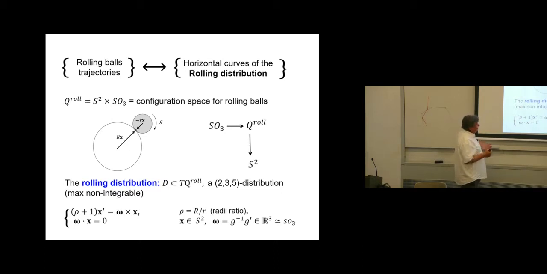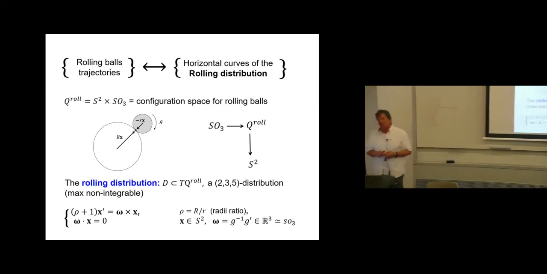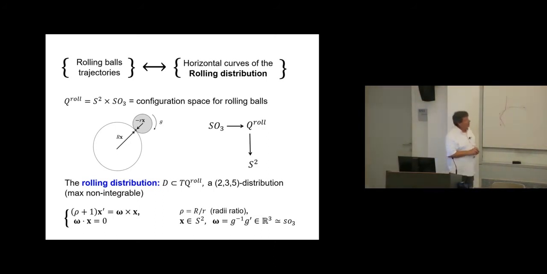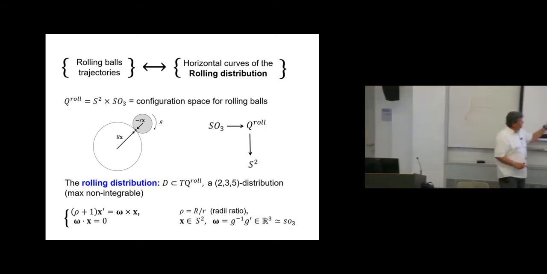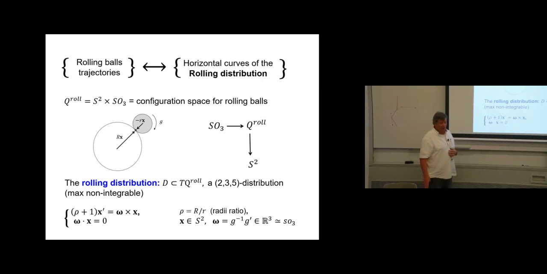And if we do some kinematic calculation, the condition of rolling without slipping and twisting can be written quite compactly as a set of linear equations on the tangent bundle of this configuration space. It's a pretty easy exercise to check that it gives you a rank 2 distribution.